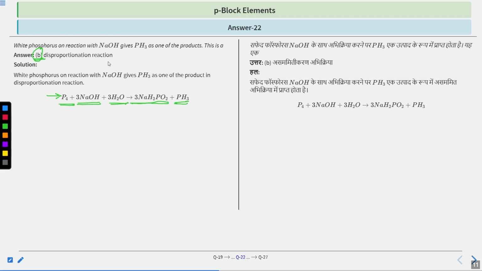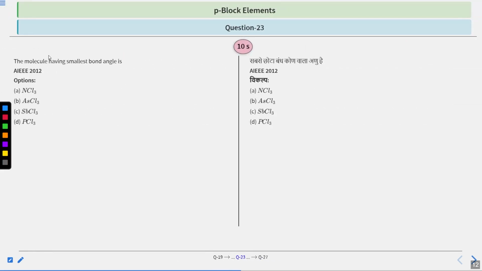Okay. Let's move to the next question, question number 23. The molecule having smallest bond angle is. We have given some molecules in the option. We have to tell in which molecule the bond angle is the smallest. So we have to draw the structures and we have to know the symmetry.